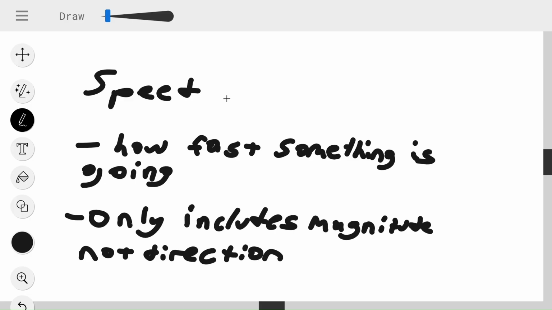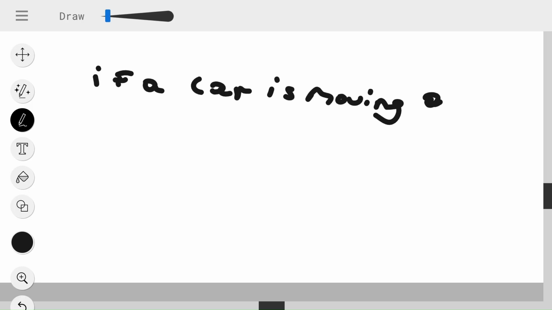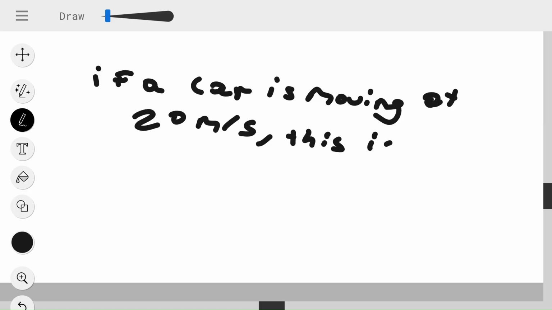And because of this, speed is scalar. So, for example, if a car is moving at 20 meters per second, that's speed.